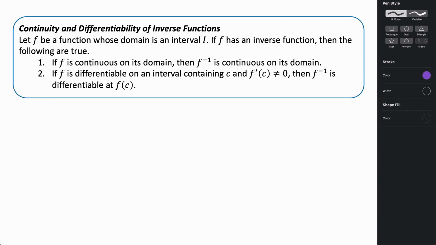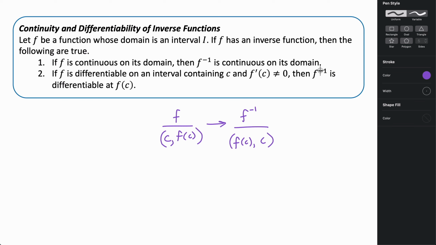Because remember, when you talk about a function, if it's defined at some point c, the output would be f of c. For the inverse, the input for the inverse would be f of c with an output of c. So the output that we get from f becomes the input in your inverse, and that's because we switched the x and y here.